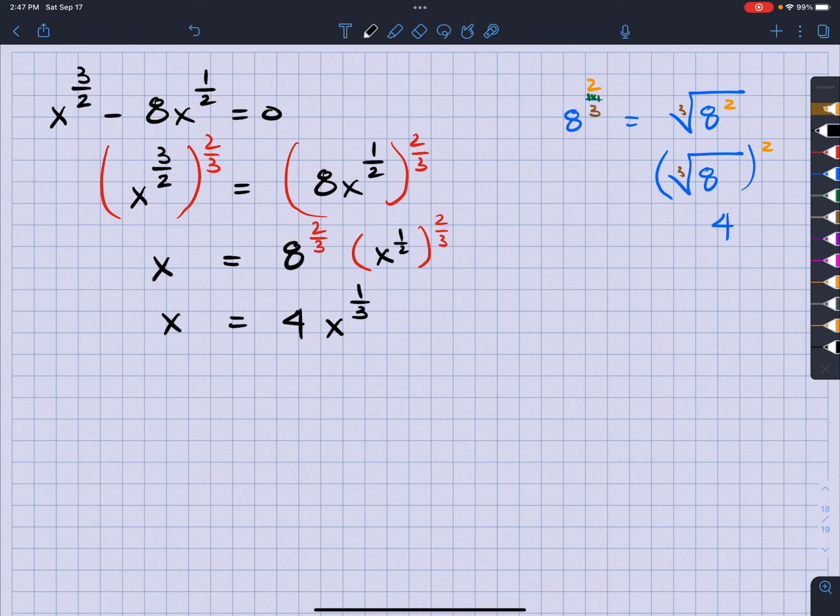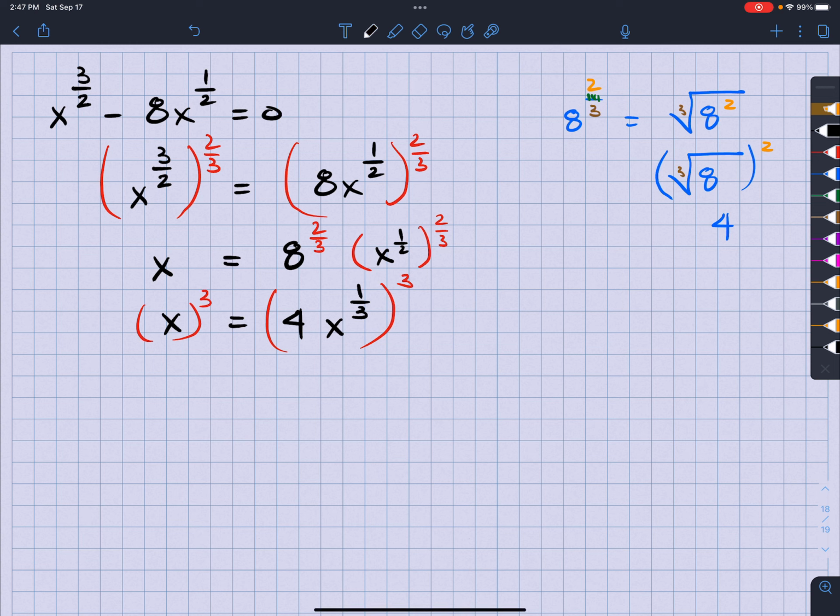Now what I can do is get the x by itself again, with the rational exponent, of course. So let's raise this side to the 3rd power and raise this side to the 3rd power.